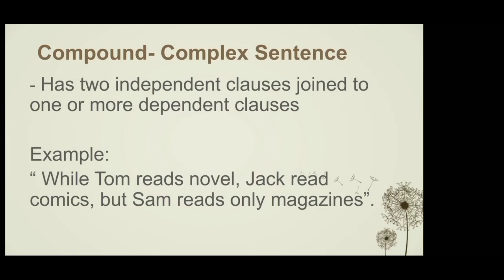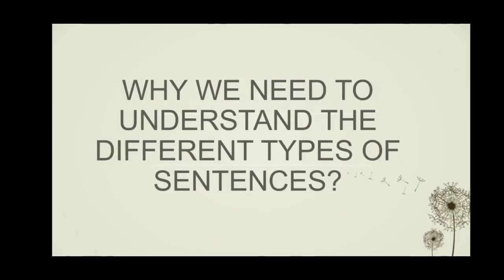While Tom reads novels is the dependent clause, Jack reads comics is an independent clause, and Sam reads only magazines is also an independent clause, joined by the coordinating conjunction but. A compound-complex sentence is merely the combination of the compound sentence and the complex sentence. That ends the four types of sentences.